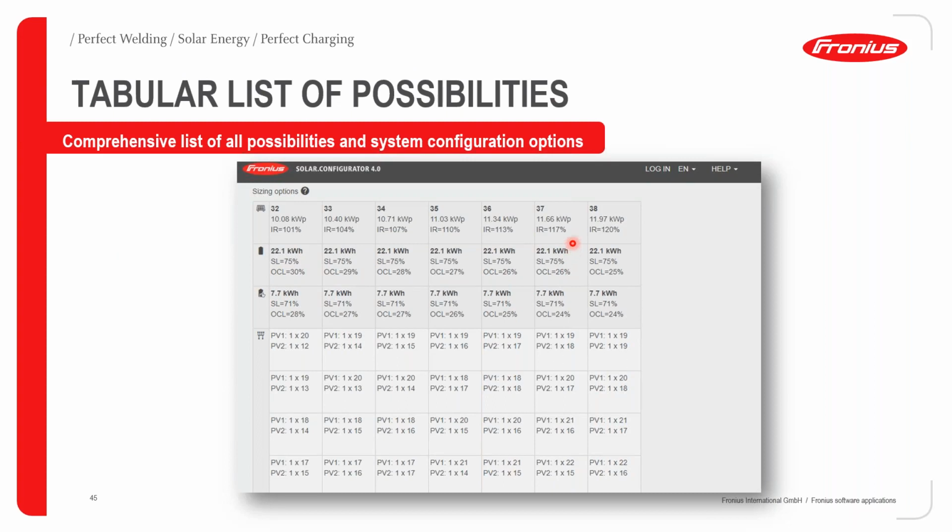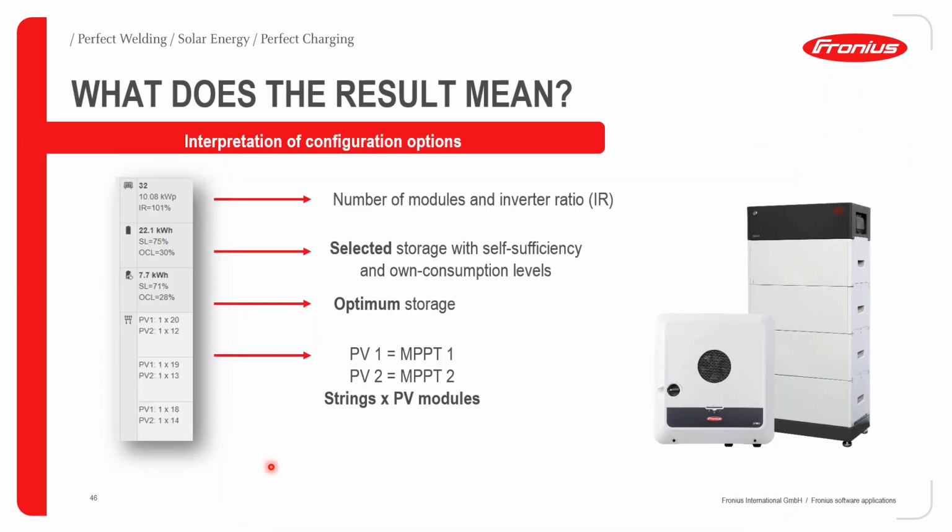Once you do that, you're going to get the respective comprehensive list in relation to what you have input. To make this easy, we're going to take one column and explain what this result means. We will select this particular column and then we'll have an explanation of it, as you can see in this slide.